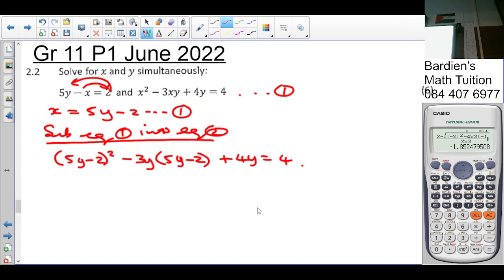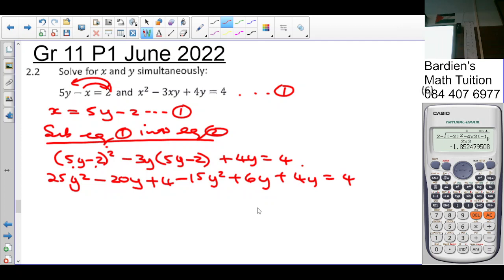It's a matter of simplifying here, so it's going to be 25y squared, that times 2 is negative 20y plus 4, minus 15y squared plus 6y plus 4y equals 4. 25y squared minus 15y squared is 10y squared.